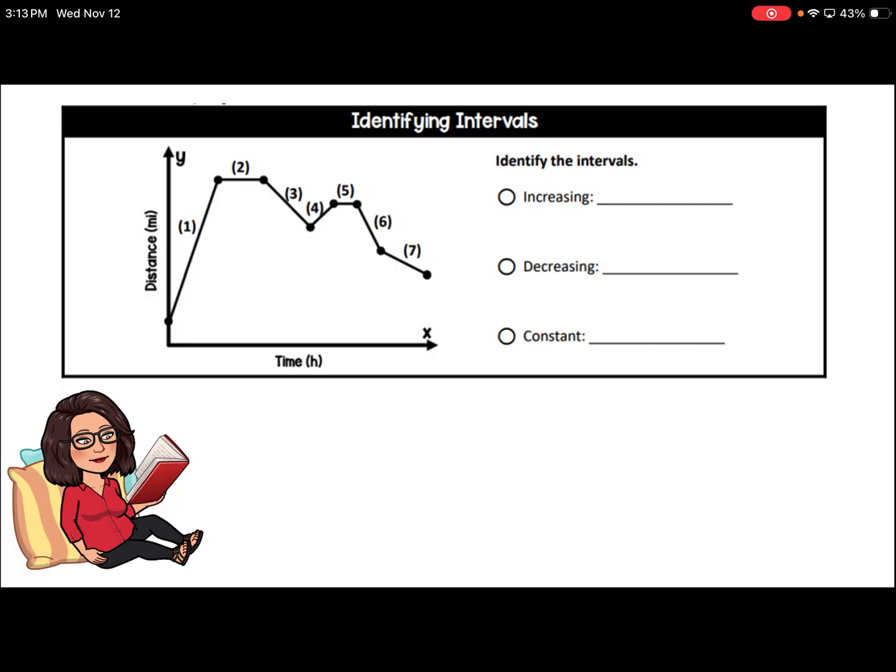Segment 1 is definitely increasing. So what other one is increasing besides 1? 4. Are they increasing the same? No. Which one would you think you're going faster? 1 or 4? 1. 1 is more steep. That means I'm going faster.